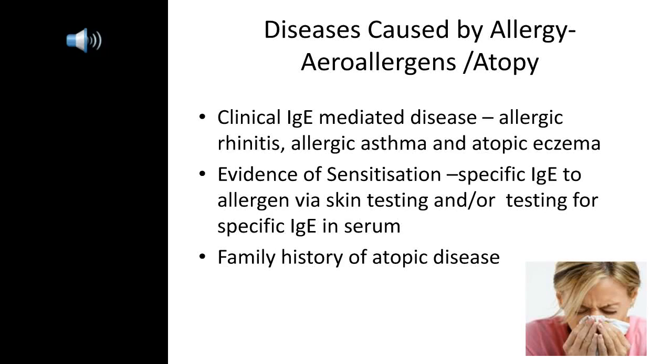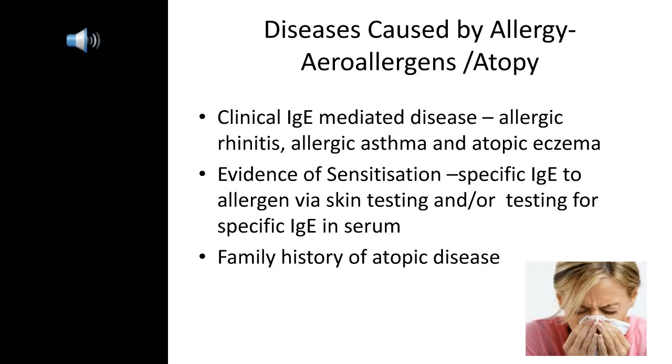Now, the two areas I deal with in clinical practice in allergy: firstly, clinically IgE-mediated disease, rhinitis, asthma and eczema, and there is plenty of evidence that there is sensitization here with specific IgE positive in these diseases, and testing specific IgE in serum, as well as the clinical aspects of this, there is also the family history aspect of atopy.